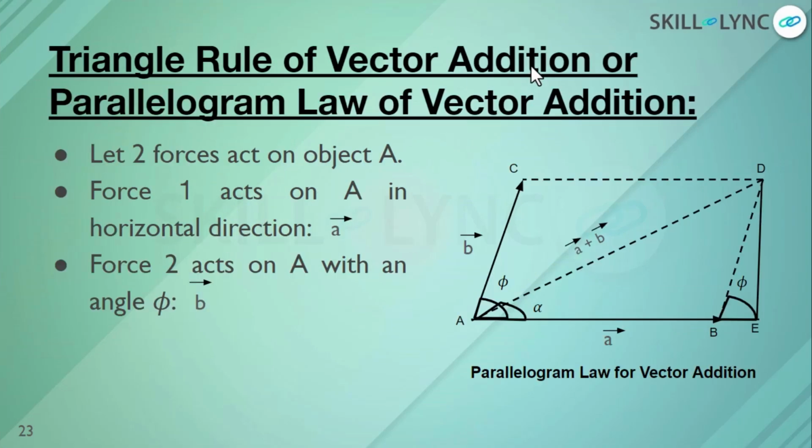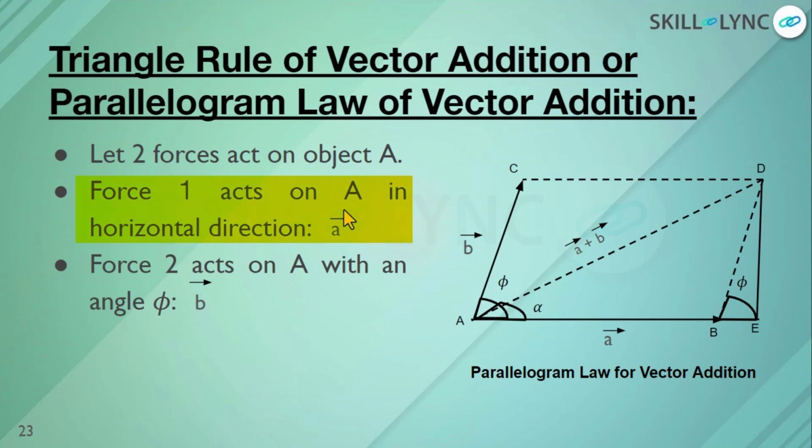The triangle rule of vector addition is also called the parallelogram law of vector addition. Let's understand what the parallelogram law of vector addition is. Let there be two forces acting on an object A. Here is the object A in the figure.